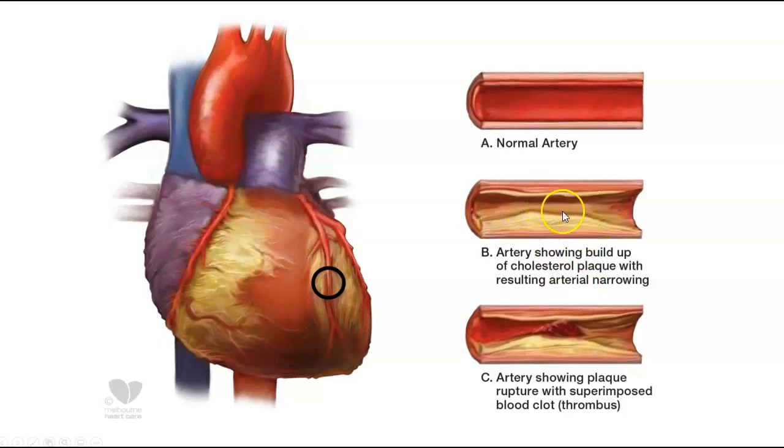And when that happens, you get higher blood pressure, and sometimes they can also rupture the wall of this artery, and you can form a blood clot or thrombus. That can then happen in the vessels on top of your heart, and that can give you a heart attack because blood can't pass through here anymore. And then these tissues here, which rely on the blood supply, would not get anything and they would die. That's when you form a heart attack.